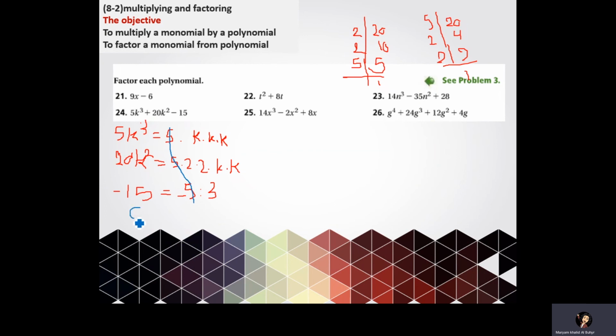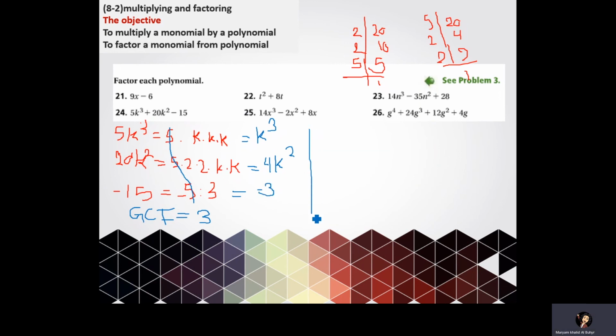So the greatest common factor for this polynomial is 5. I'm going to write the remaining things. So the remaining here is k to the power 3. The remaining here is k to the power 2. The remaining from here, don't forget, is negative 3.